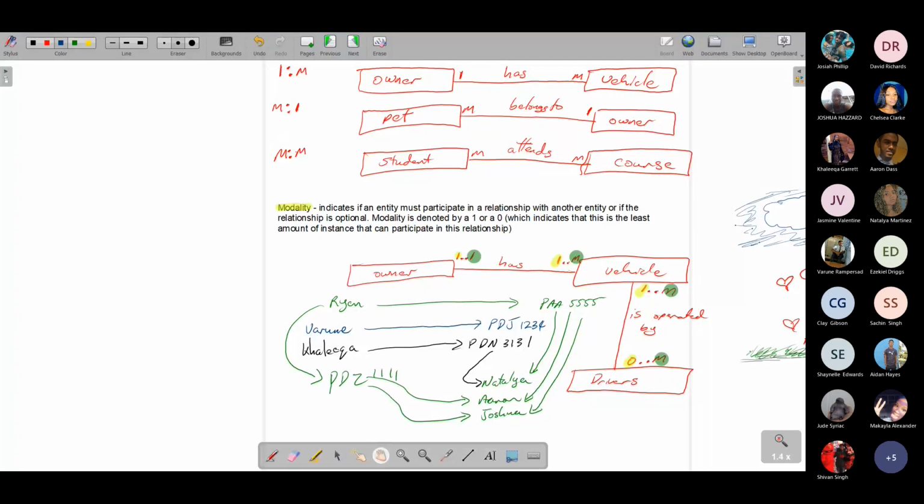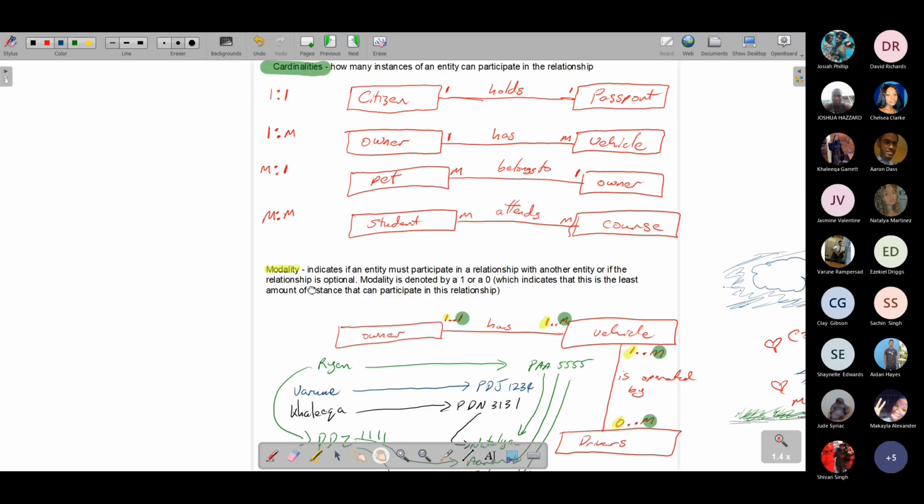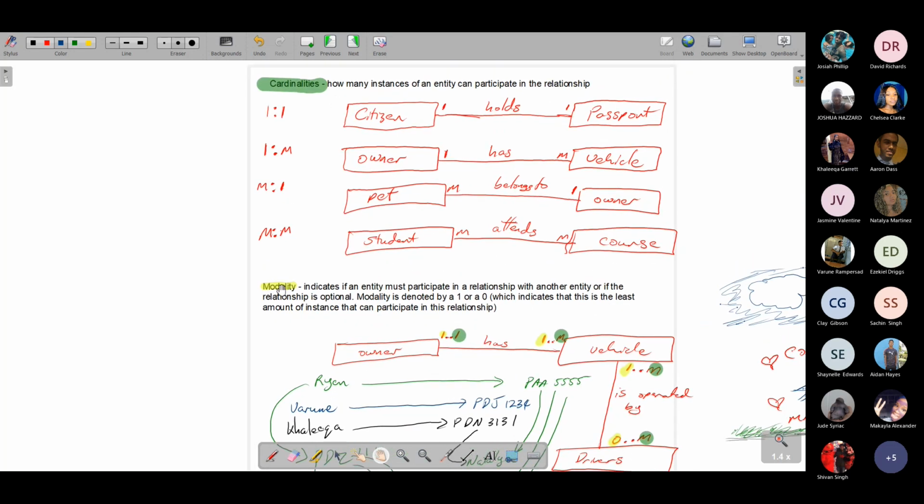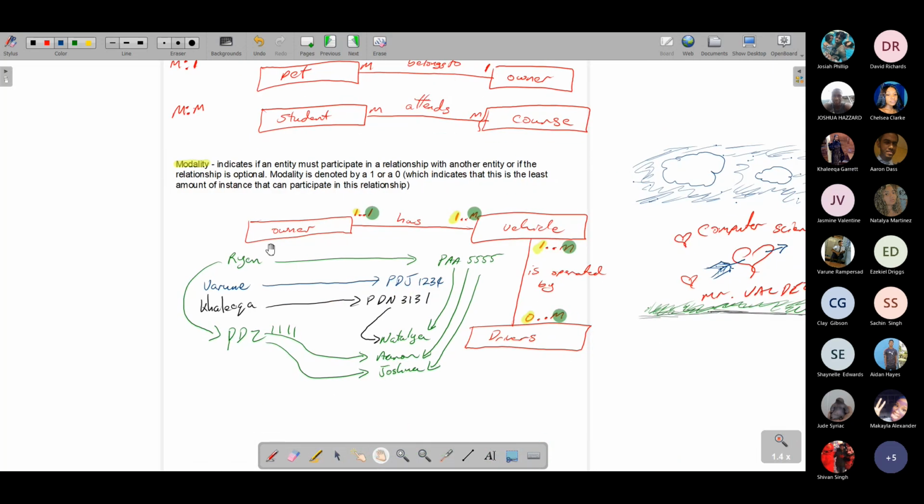Okay. So the last thing that we did before we took the break was that we discussed cardinality and modality. And we identify cardinality as the instances of an entity that participate in the relationship. And we discuss modality as the minimum amount of instances that can participate in a relationship.